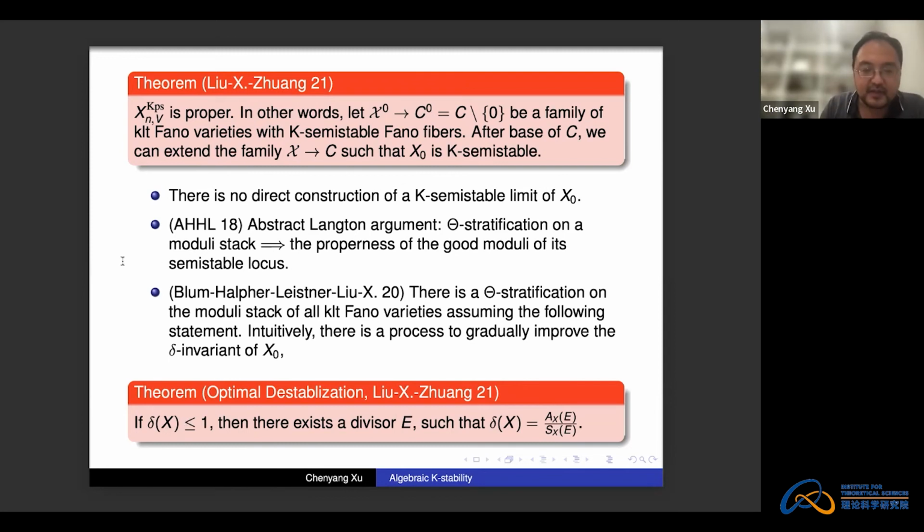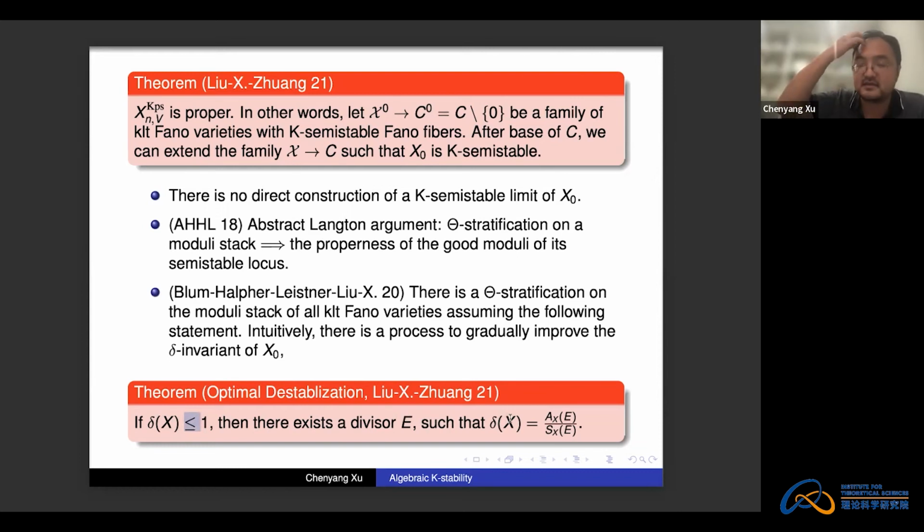But in this BHLX paper, we moduli-ize one theorem, we moduli-ize one conjecture. That time it was a conjecture, now it is a theorem. It is that when delta(X) is less than or equal to 1, there always exists a divisor calculating delta.